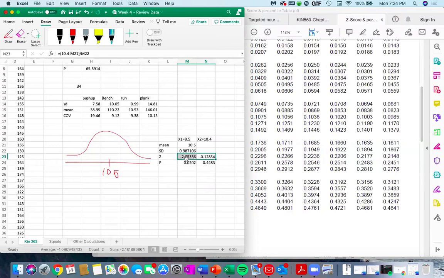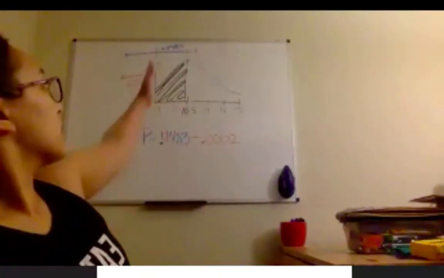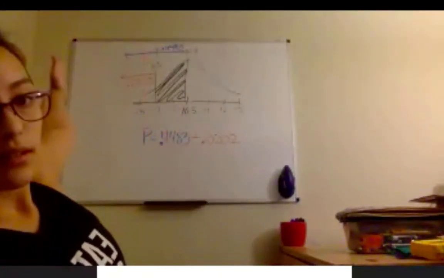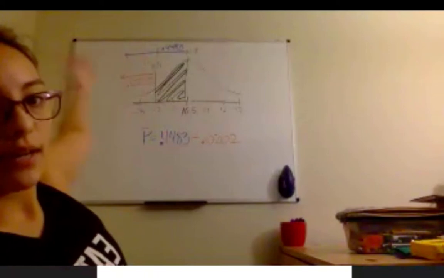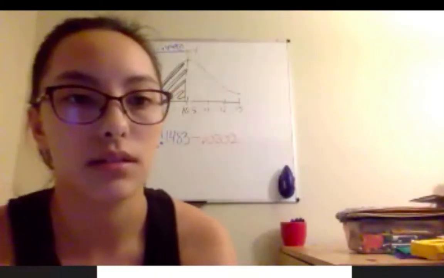It tells us the probability that that value would occur. And then when we've got an in-between, I'll stop sharing again, we take the largest area minus the smallest area to get the middle section.